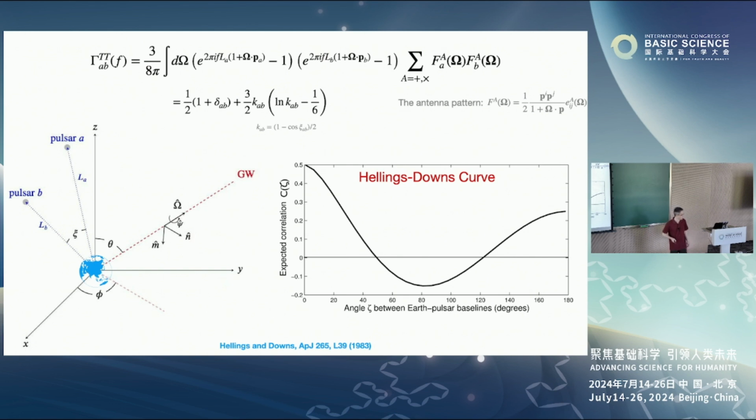This is the characteristic feature of gravitational waves. Once we prove or measure such a correlation curve, we can say this stochastic signal has a gravitational wave origin.